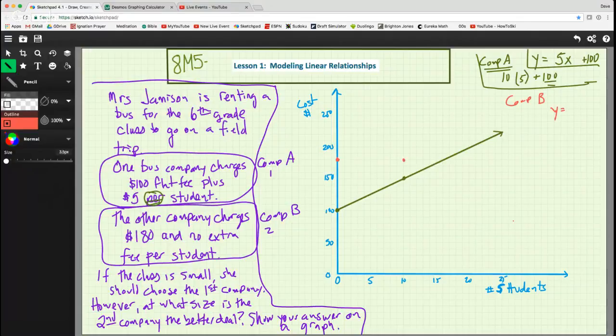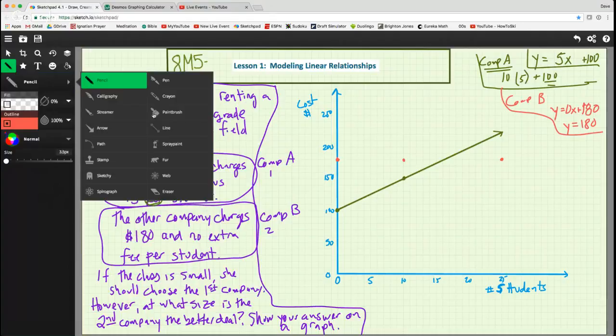And 25 students even cost $180 because it's a flat fee. And our slope, there's no per student cost. So it's like 0x plus 180, which reduces to y equals 180.